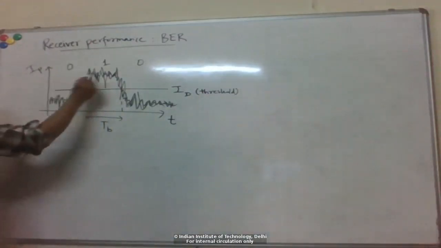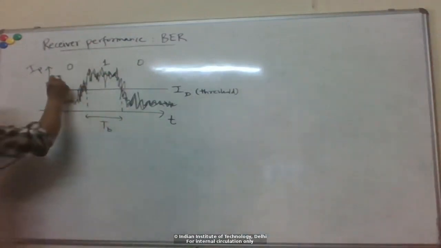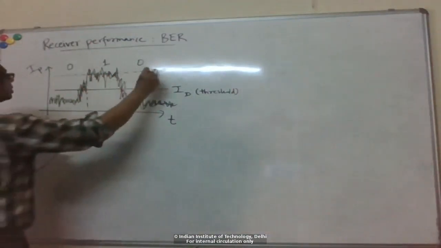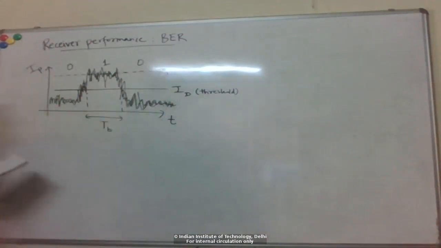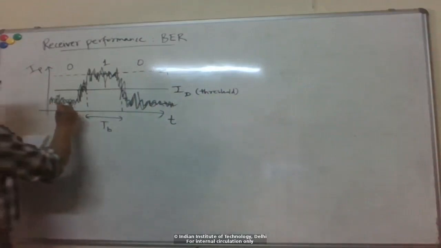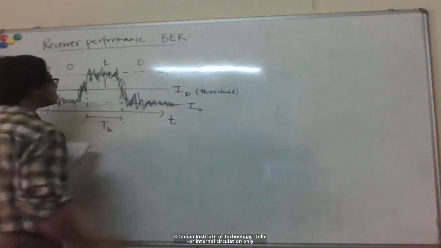If you average this over many bits, there's an average current for bit 1 here, which we denote by I1.